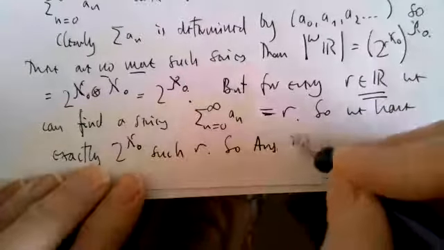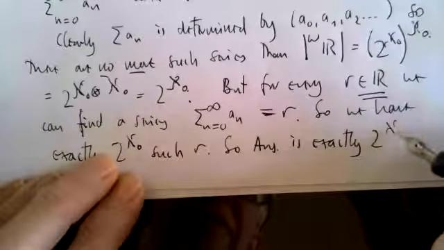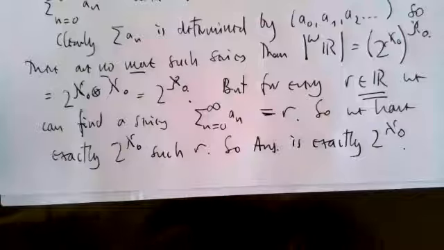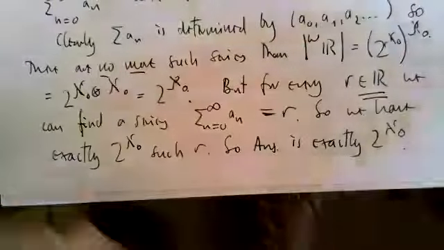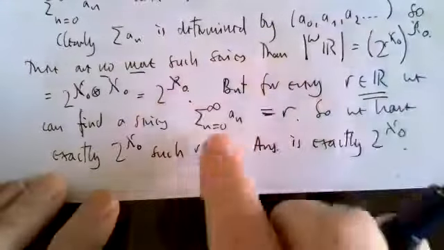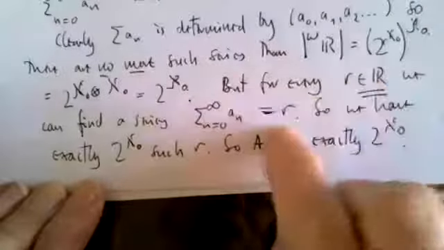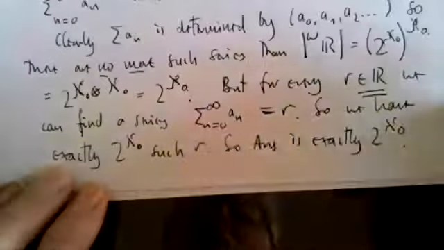So the answer here is exactly 2 to the Aleph 0. Okay, so I just leave you to justify that for every R, I can find a power series that converges to R.